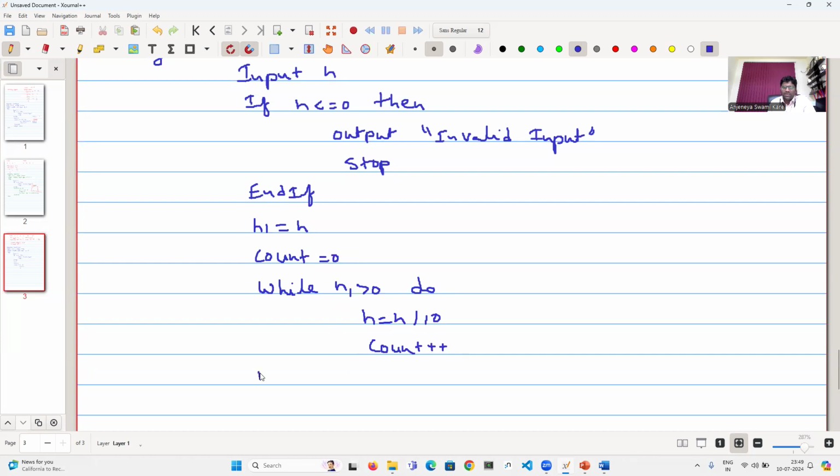This is exactly the logic we have used to compute the number of digits. Similarly, we can even compute the power, 10 to the power d. Because this loop runs d times, we can compute 10 to the d easily.